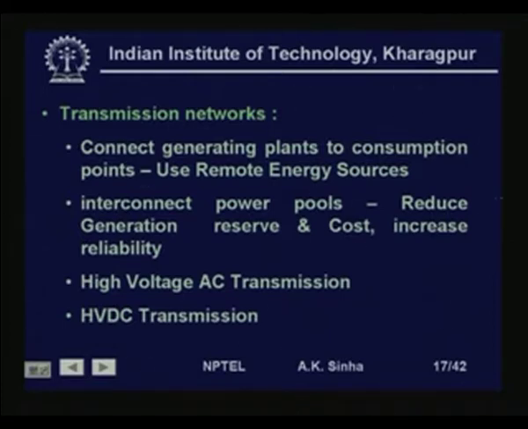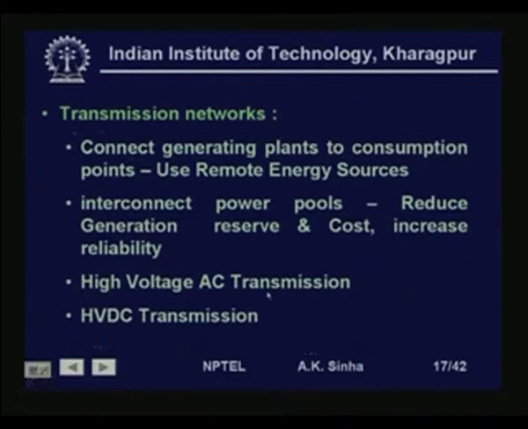So we connected various states, so interstate transmission was used, and this we call interconnecting of power pools. Two power pools are interconnected. When one is in deficit, another one has some power to share, it can share it through the transmission system. This is generally done to reduce generation reserve as well as cost and increase the reliability of the system. We will talk about some of these later.